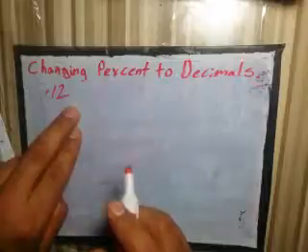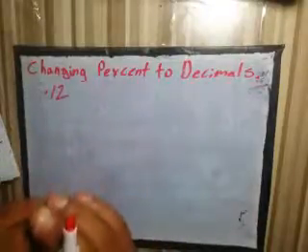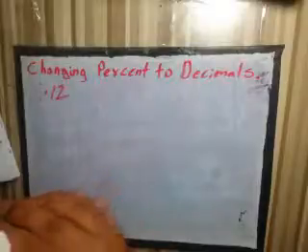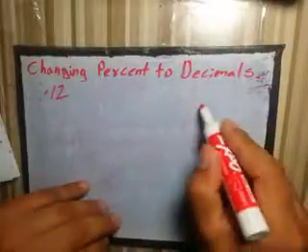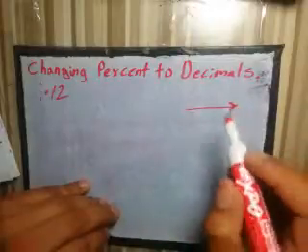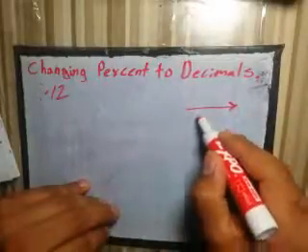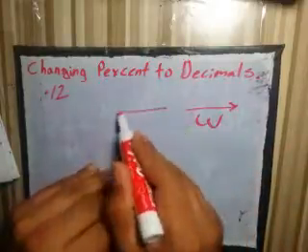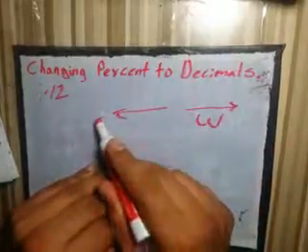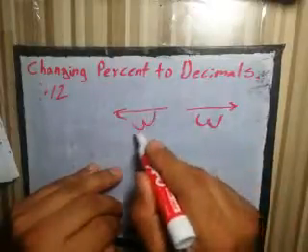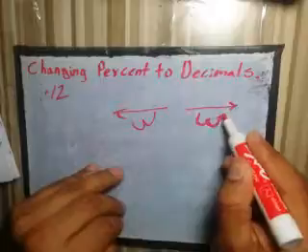A good way to remember is the opposite of what I just said before. Now you have to remember that you will move two places to the right. The opposite: before, percent to decimal was to the left, now it is to the right.